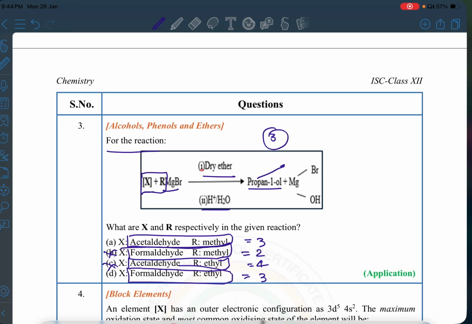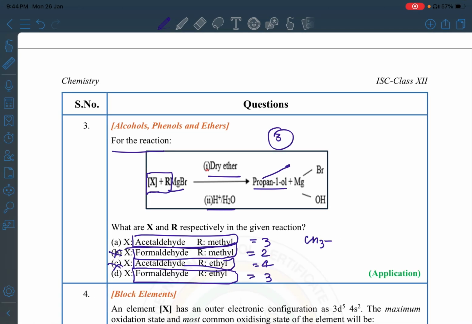Acetaldehyde is CH3COH. This bond breaks this way, negative and positive, and we took methyl, so it becomes CH3MgBr. Now CH3MgBr breaks this way, CH3 minus and Mg plus.